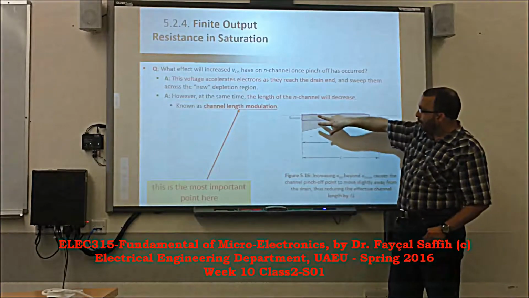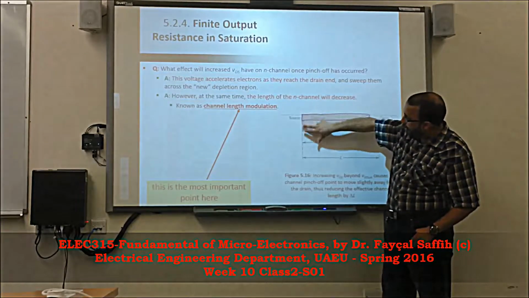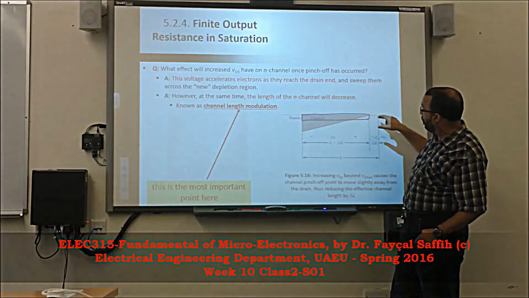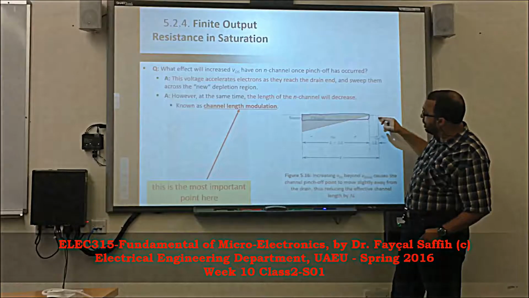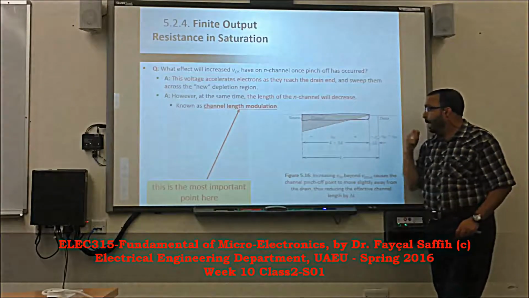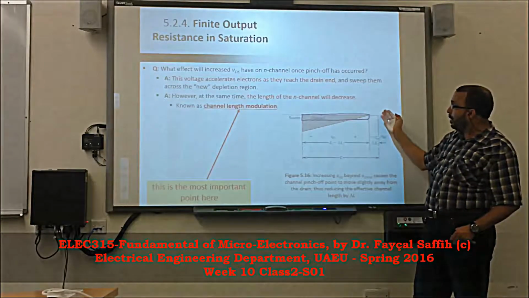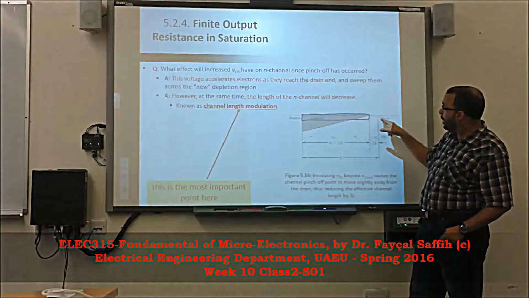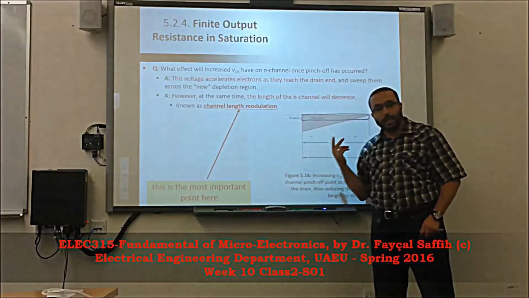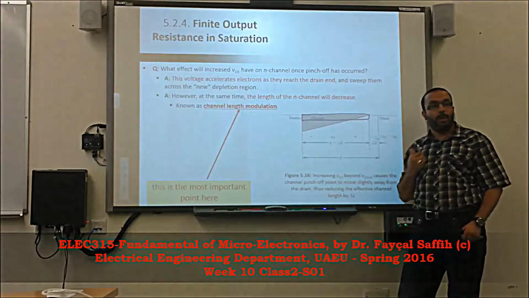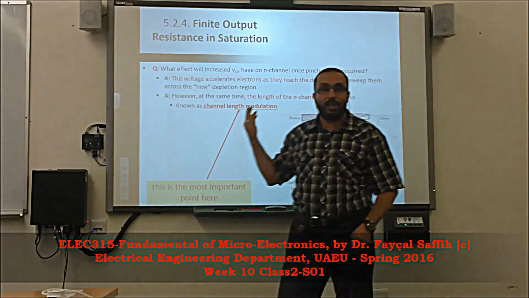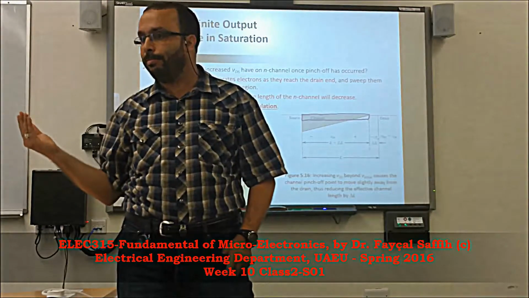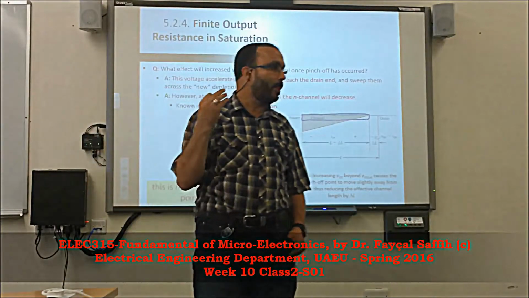We said that the voltage of the channel here is the overdrive voltage. Here, close to the drain, it is overdrive minus VDS. Because VDS increases until it reaches overdrive, once it reaches overdrive, the overdrive minus VDS becomes 0. In that case, the voltage here is 0, and multiplying the voltage by the capacitance to get the charge is going to be equal to 0. And that's what we call pinch off.